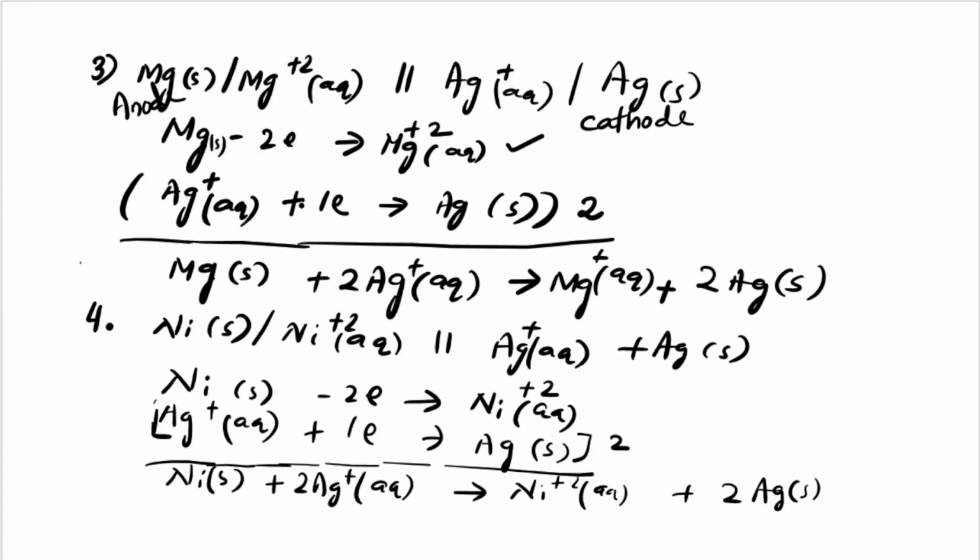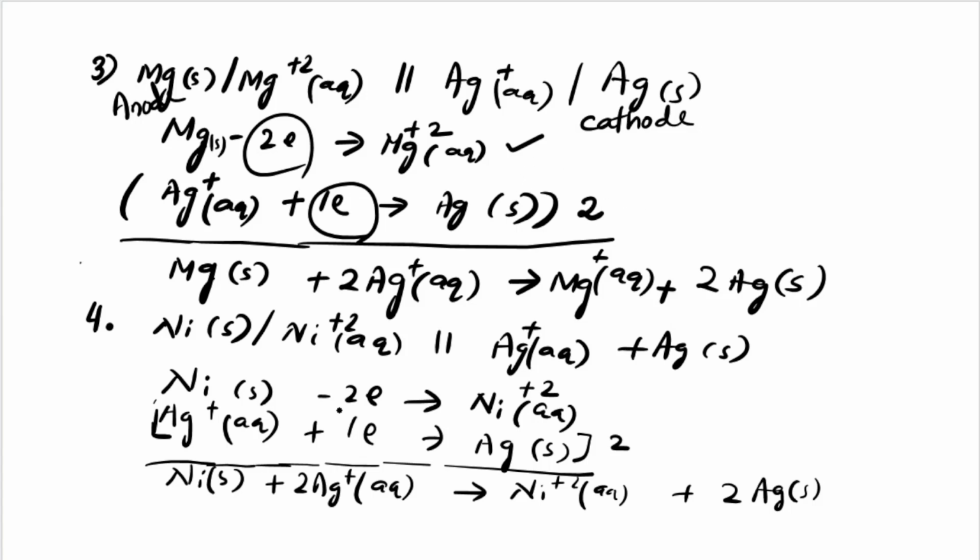That is why, to equate the electrons, you multiply the silver half cell by 2, and after subtracting you get Mg(s) plus 2Ag+(aq), because 2 is multiplied in the second half cell reaction. This is the first half cell and this is the second half cell.